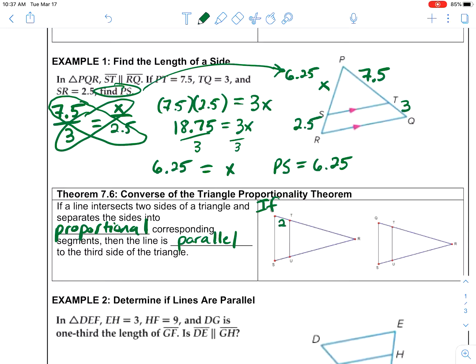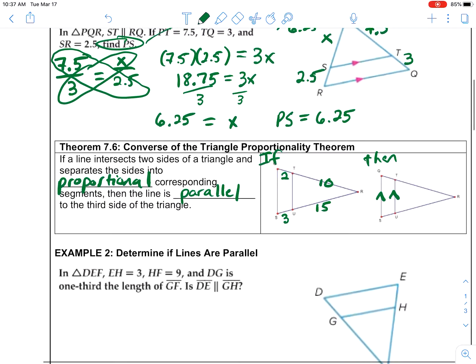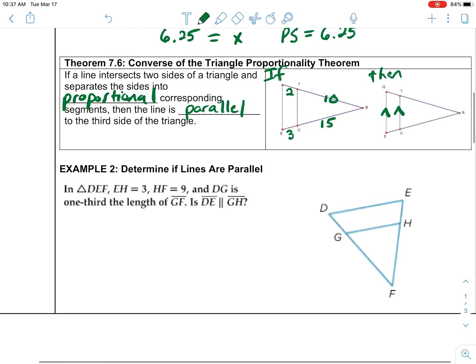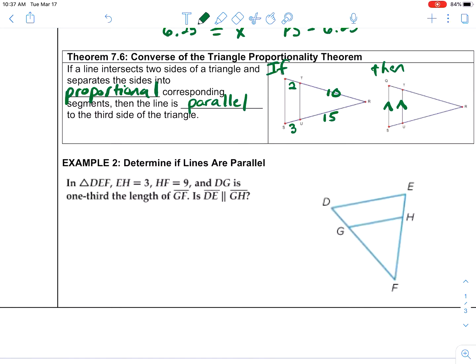So if we actually know the ratio here, if we see that these two sides are proportional in a 1:5 ratio here, or 5:1, depending on which direction you're going, then we can say that these segments would have to be parallel to each other. So notice we start off with the proportionality that we notice, and then we finish with the parallel.